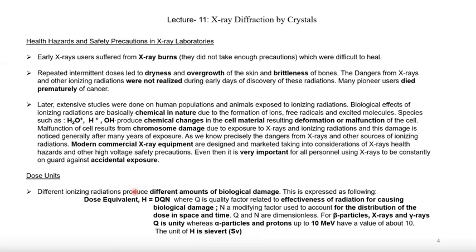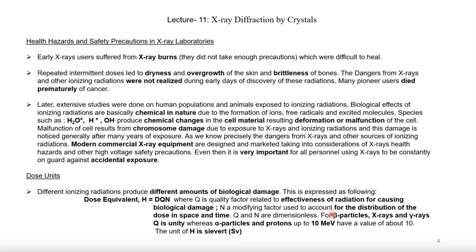Dose equivalent H is equal to DQN. Here Q is a quality factor related to the effectiveness of radiation for causing biological damage. N is a modifying factor used for the distribution of the dose in space and time. So Q and N are dimensionless.